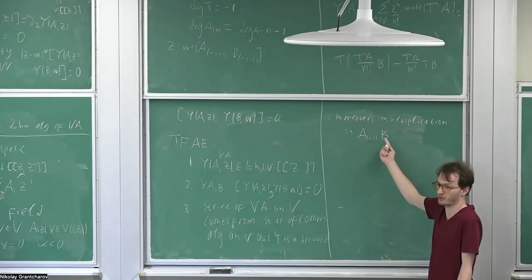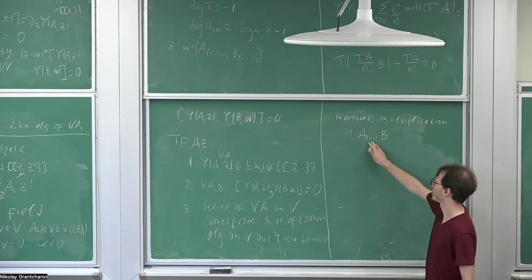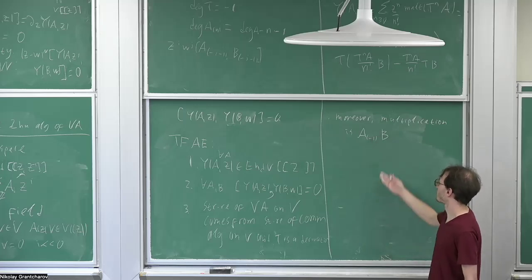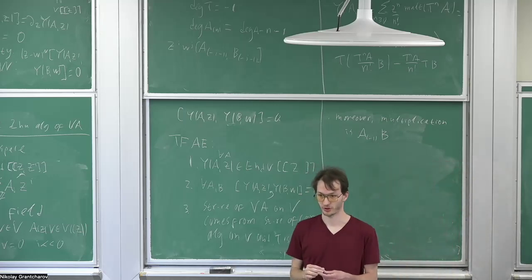So I multiply by the constant term, and a similar formula will be used later for the C2 algebra. Any questions?